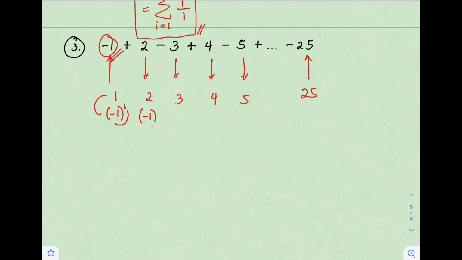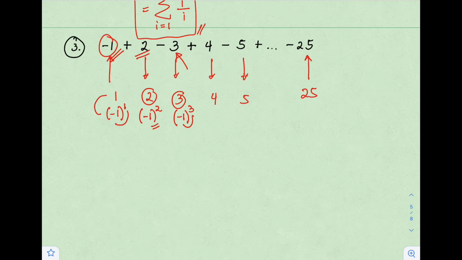Then negative 1, dito naman sa may 2, kung i-erase natin by 2, so, negative 1 squared, that is positive 1. Then, times 2, so we have positive 2. So, tumama na tayo. Okay? Then, si 3 naman, kung imumultiply natin yan by negative 1, then cube. So, negative 1 cube, that is negative 1 times 3. So, we have negative 3.